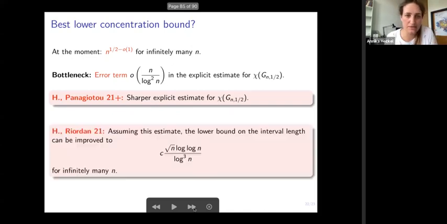Assuming this estimate, we think the method gets us all the way up to what we think is the optimal non-concentration result. And assuming this second moment thing we're currently writing up, the non-concentration method can get us up to the constant, what we think is the optimal result, for infinitely many n.